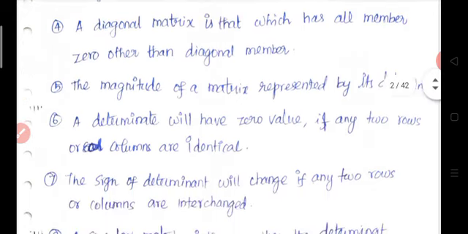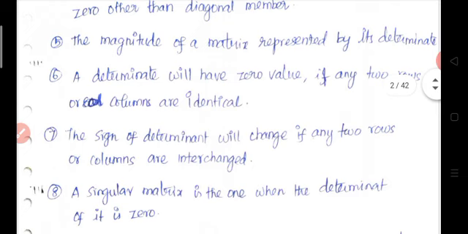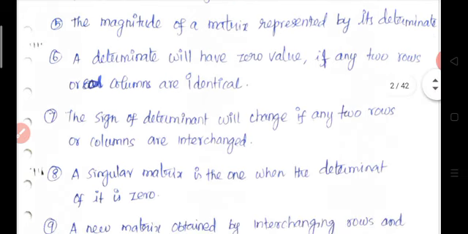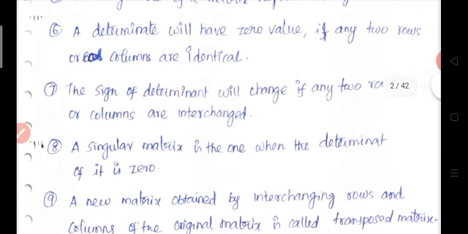Then fifth, the magnitude of the matrix is represented by its determinant. Then sixth, a determinant will have zero value if any two rows or columns are identical. The sign of the determinant will change if any two rows or columns are interchanged.